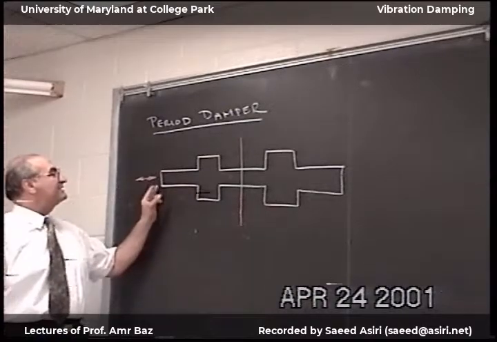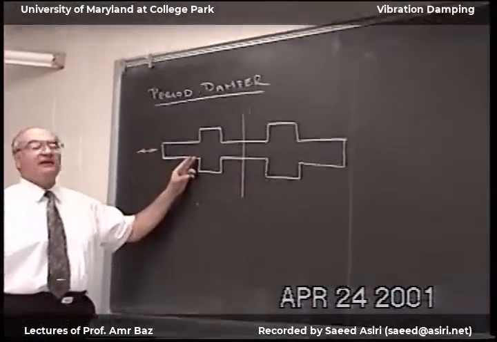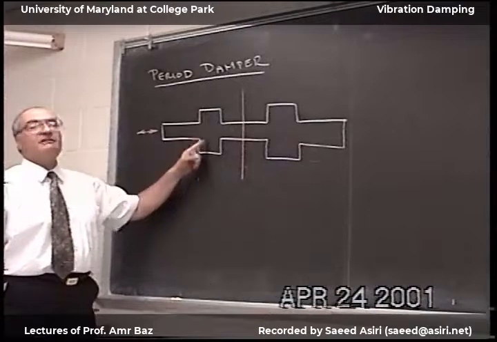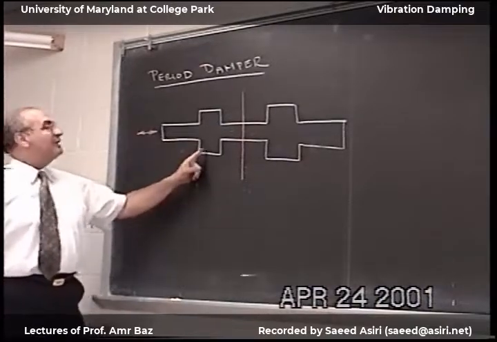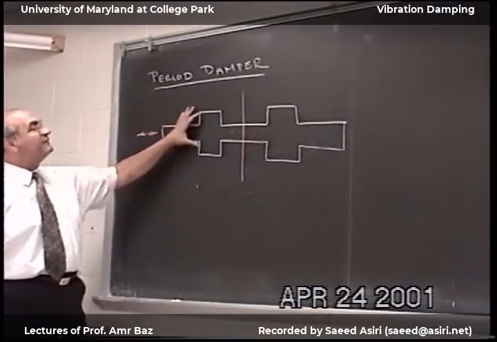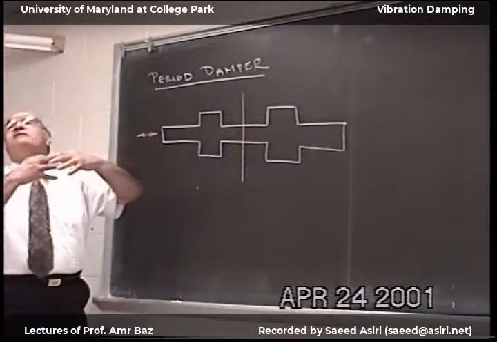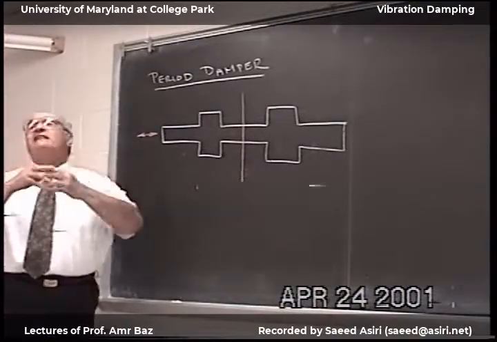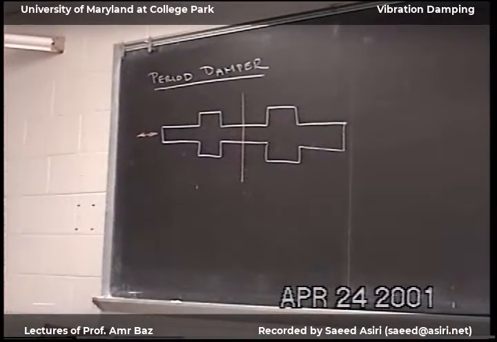Let's say that this is one medium, and then suddenly you go in another medium. Because the area here is different than the area here, we have some mismatch. Exactly like when you have light passing through air and then it hits the water surface. When it hits the water surface, the medium changes.